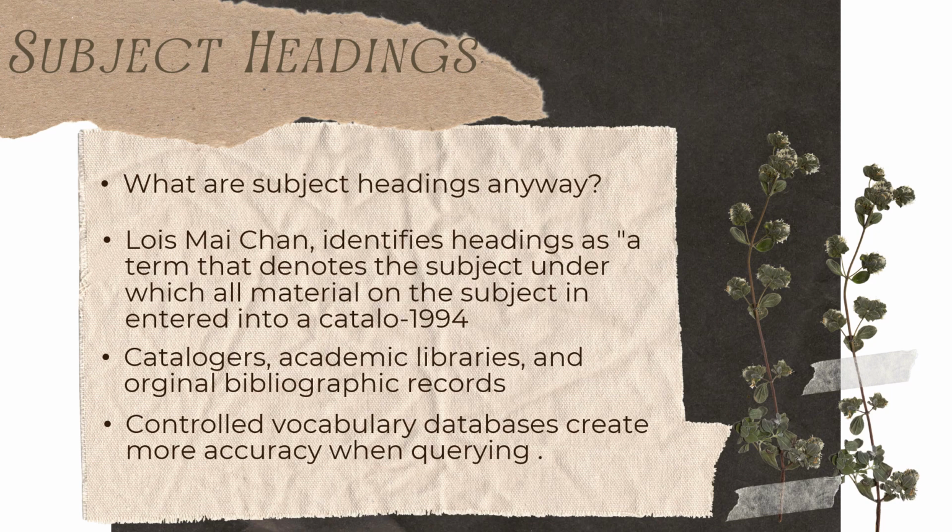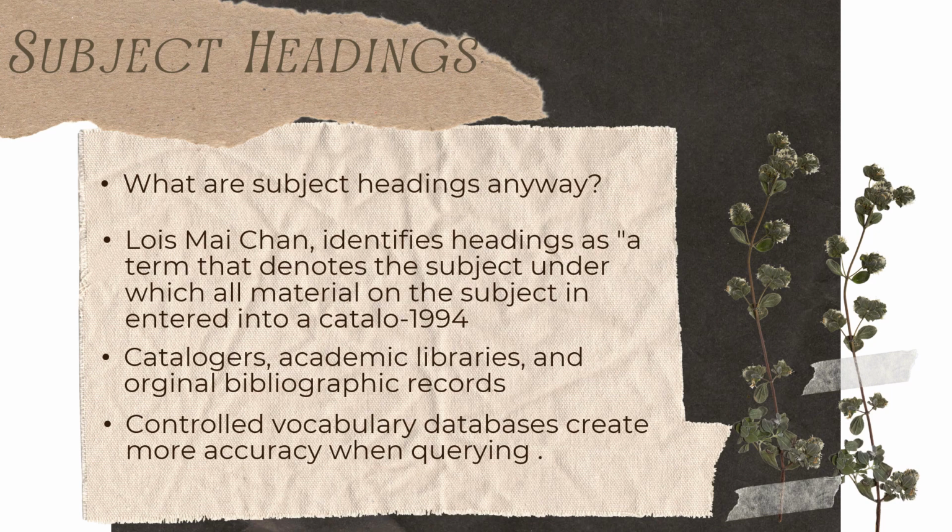Well, how will we find everything ever written, for example, about Library of Congress subject headings? Lois Mai Chan, an American librarian, author, and professor at the University of Kentucky School of Library and Information Science, is well recognized for her publications on cataloging, library classification, and subject indexing.